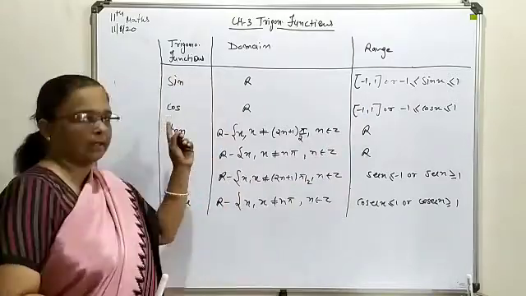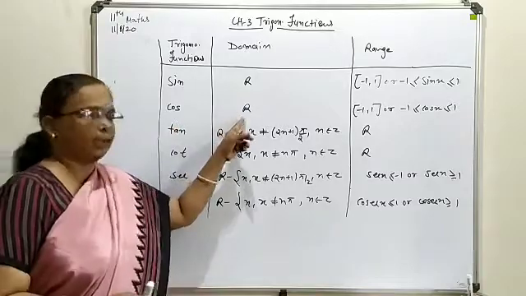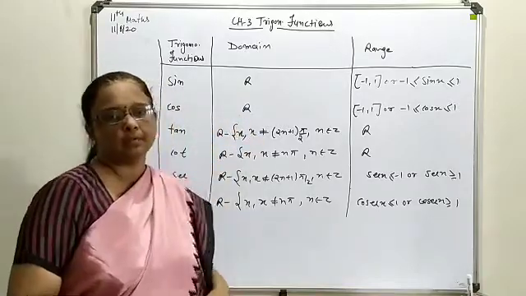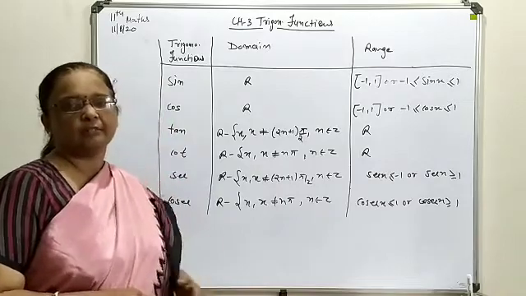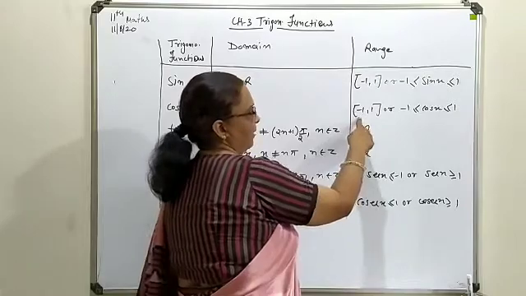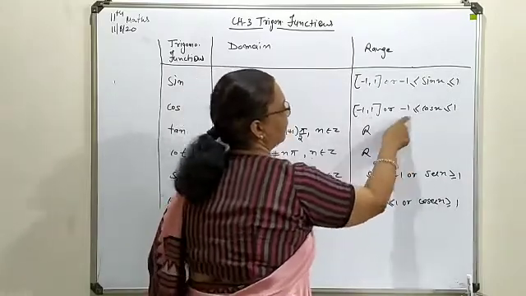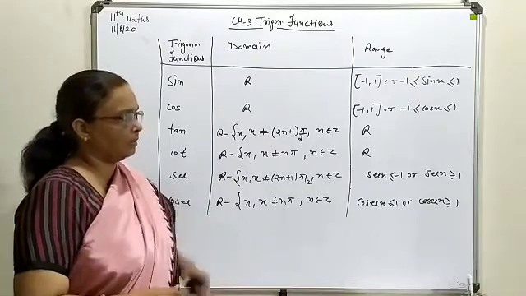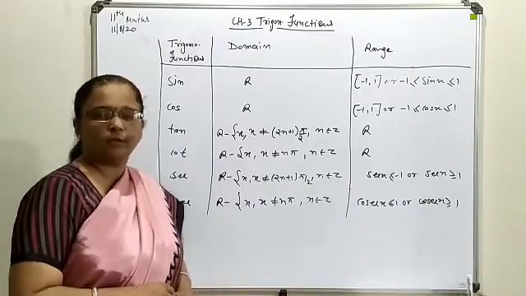Now the same in the case of cos: you can take any value in R, in degrees or in radians, but the answer will come in this range only, again the closed interval -1 to +1, defined in this order.